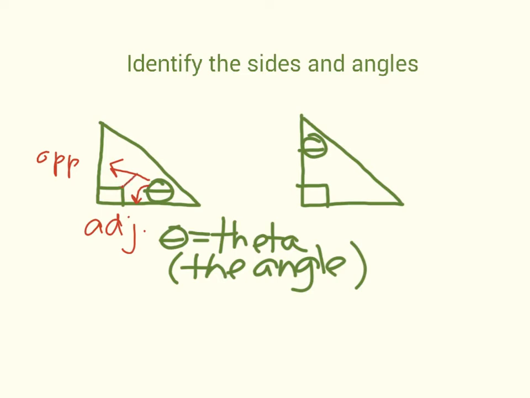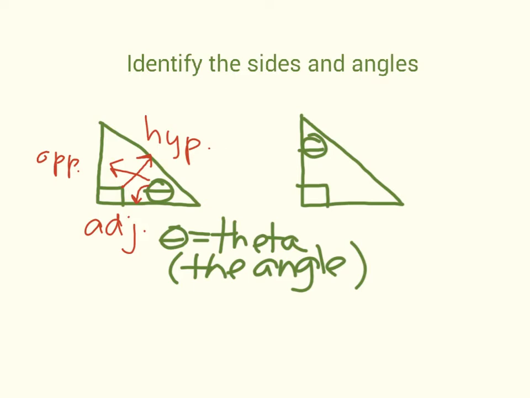And of course, our hypotenuse is always directly across from our right angle. So, wherever theta is, look directly across, and that's the opposite side. Right next to theta is the adjacent side, and across the right angle is our hypotenuse.